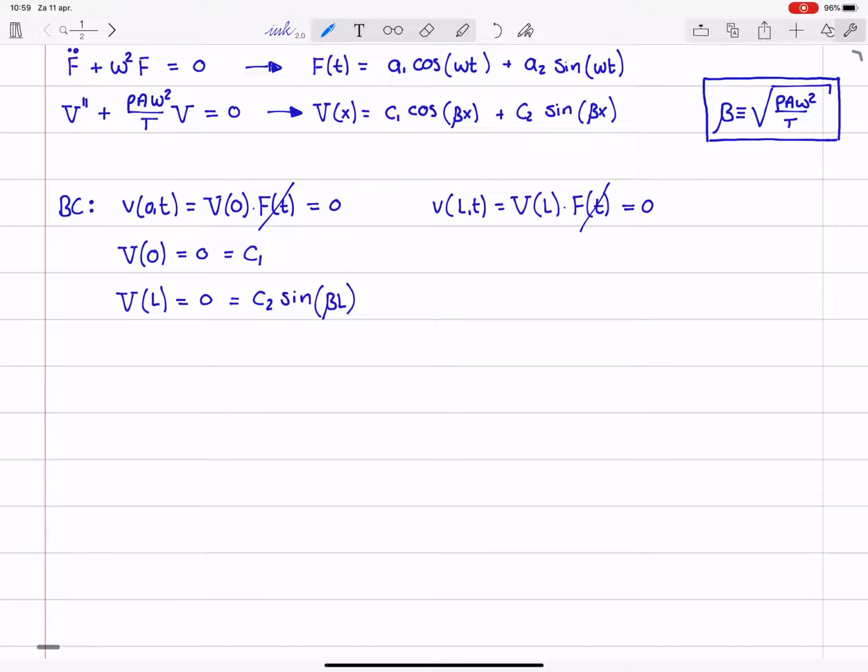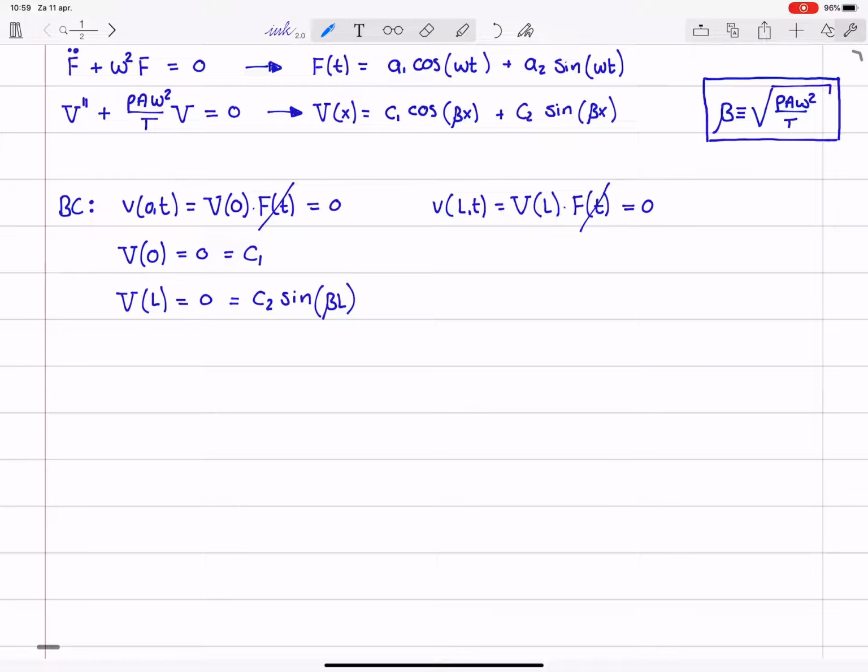There are two possible ways for this to be true. The first possibility is that c2 is 0 as well, but that would mean that both c1 and c2 are 0, and simply that V as a function of x is 0. This means that no deformations can be described whatsoever.